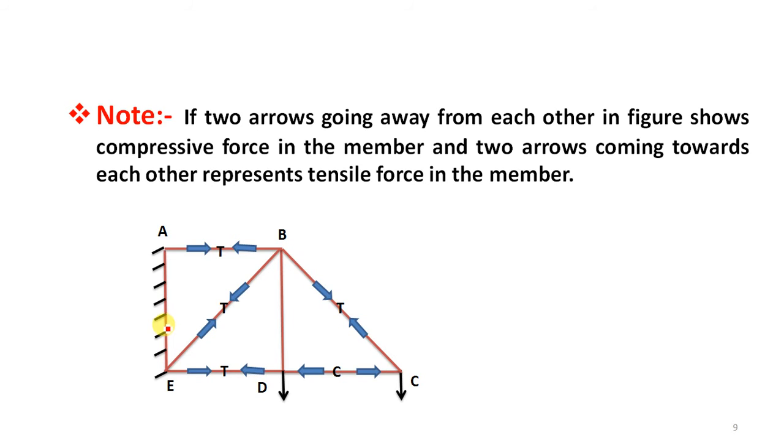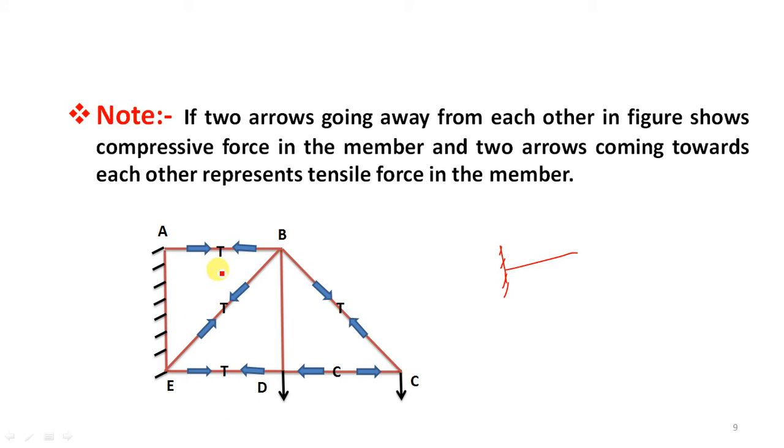If you observe the balcony of any building, the same type of structure is there. One part is fixed and another part of that balcony hangs like this. So this is known as a cantilever. This is a cantilever beam and this is a cantilever truss.